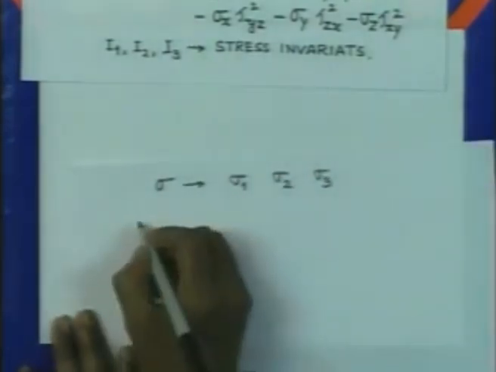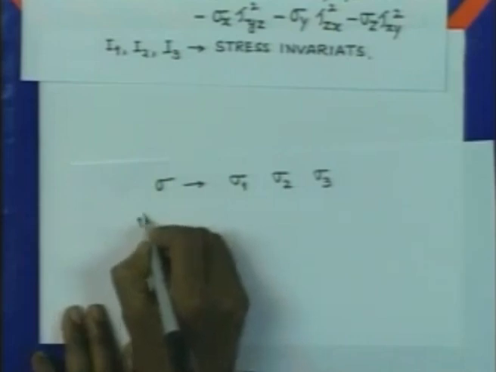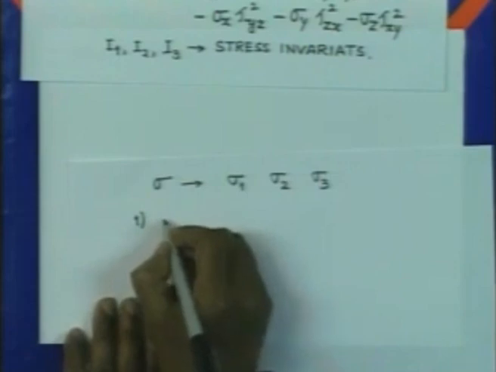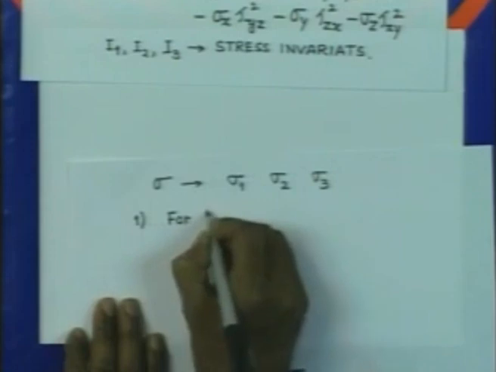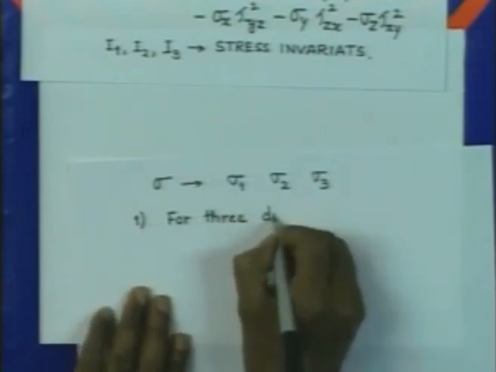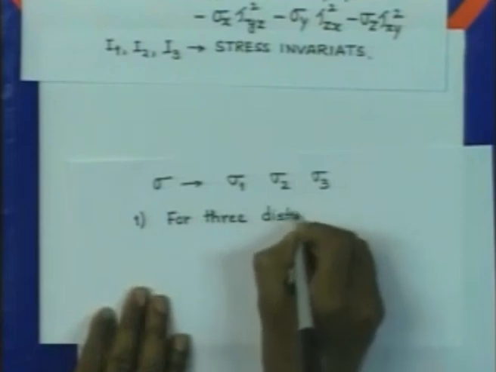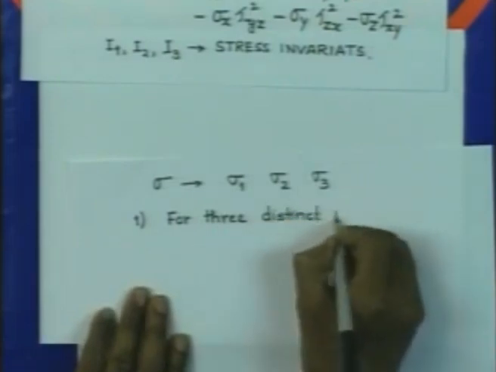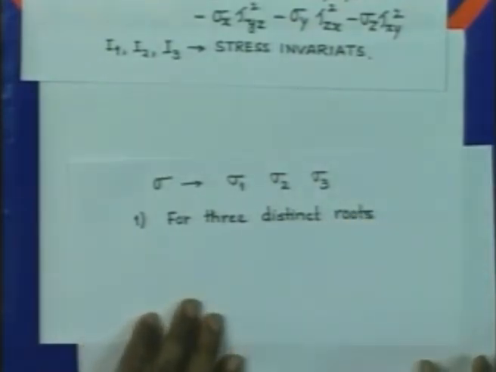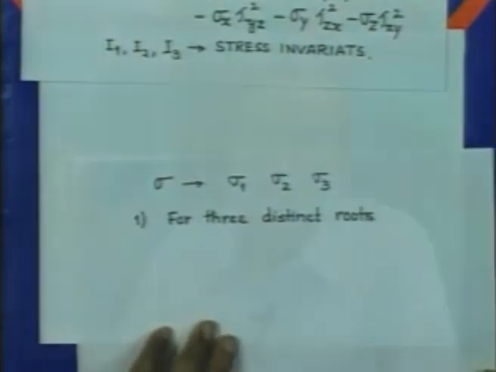If these 3 roots are distinct, then they are going to work on 3 mutually perpendicular planes. So, for 3 distinct roots, we will have 3 directions which are going to be mutually perpendicular.